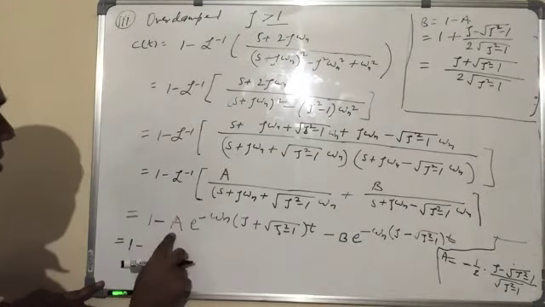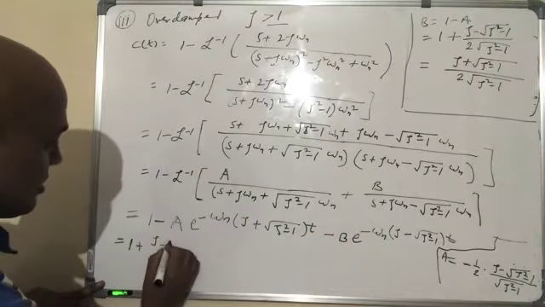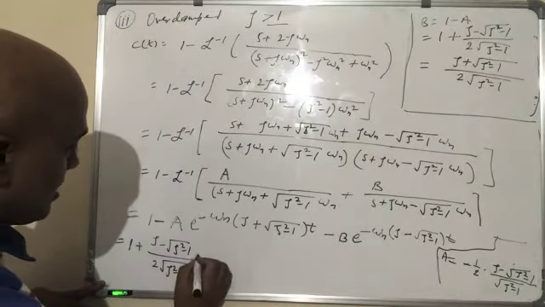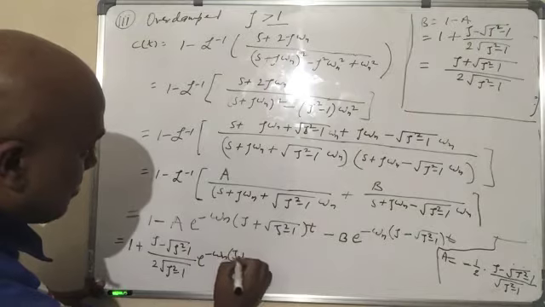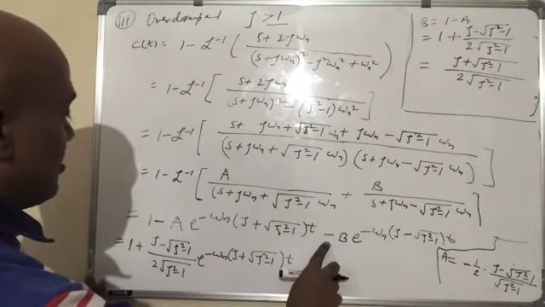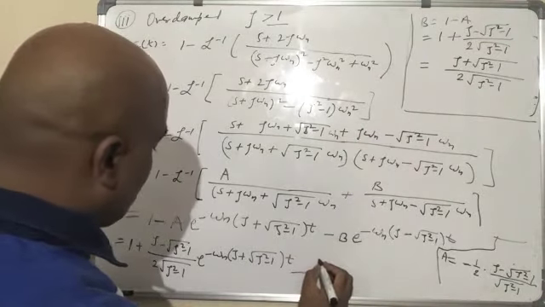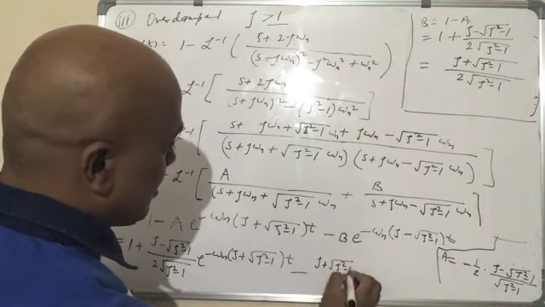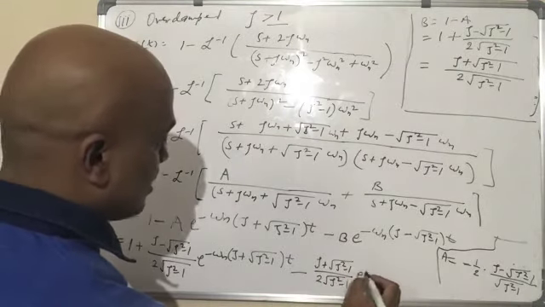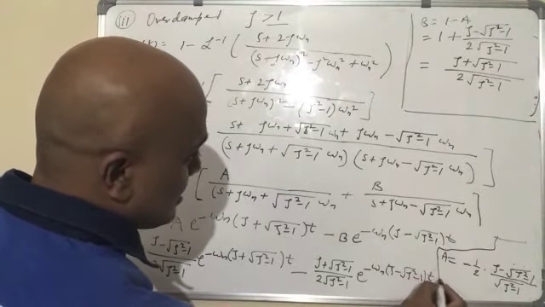So it will be like this, where we can write a value and b value now. So 1 minus a value is this, so we can have minus plus, so we have zeta minus root zeta square minus 1 divided by 2 root zeta square minus 1 e to the power minus omega n zeta plus root zeta square minus 1 t, and then you have minus here but positive here, so minus b value is this, so we'll have zeta plus root zeta square minus 1 divided by 2 root zeta square minus 1 and e to the power minus omega n zeta minus root zeta square minus 1 t.